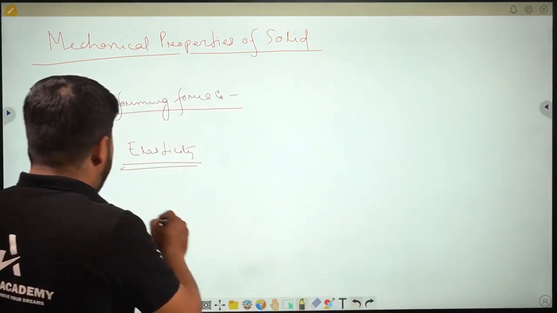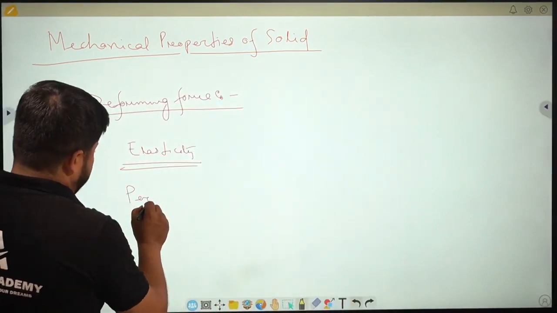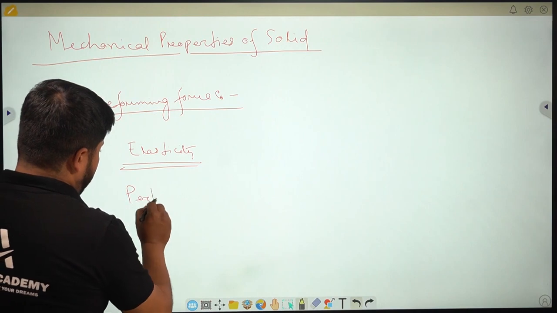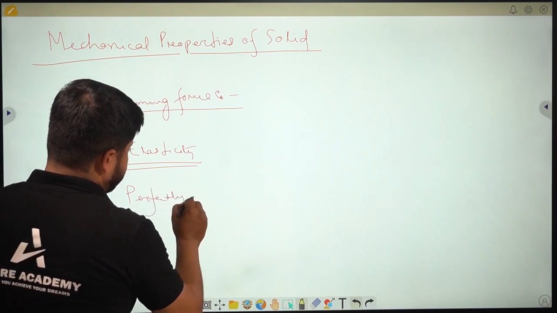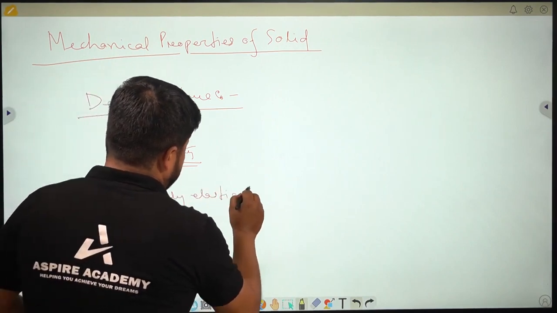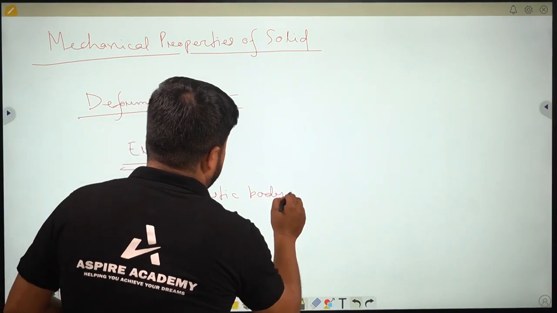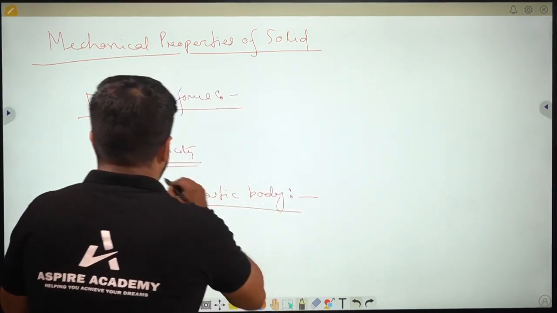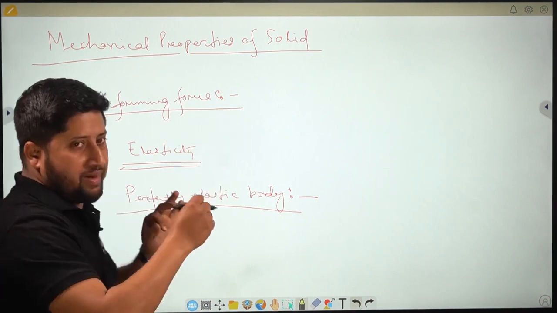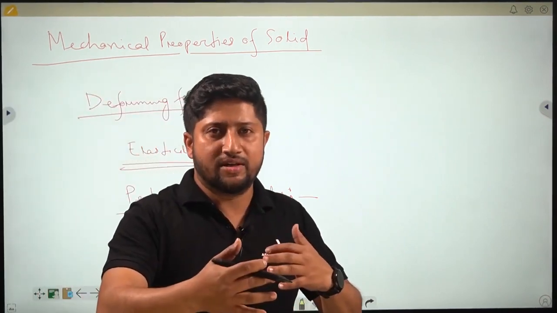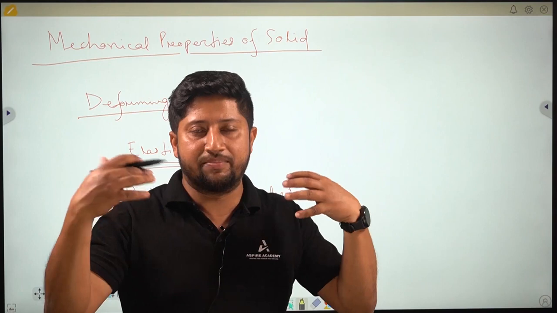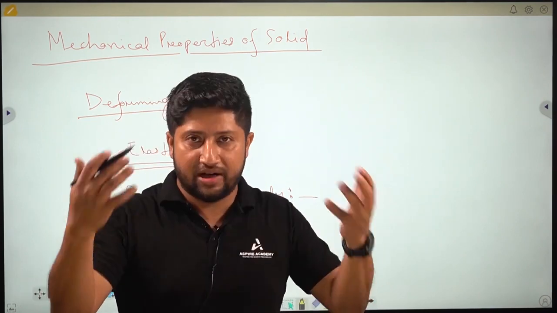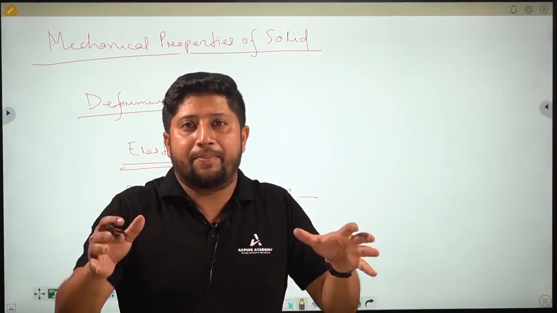Another term is perfectly elastic body. First of all, we know the deforming force. If we apply a force on a solid thing, it can deform its shape and size.